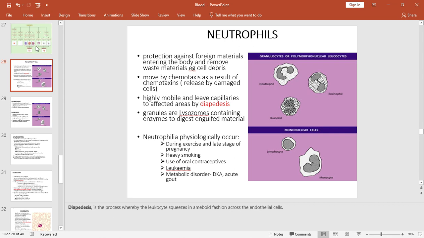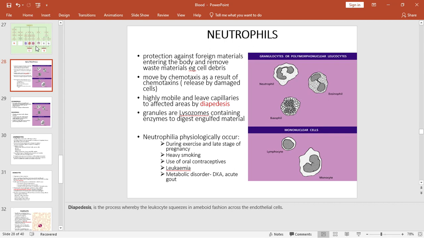As a general rule, an acute infection is usually associated with neutrophilia. However, a chronic infection will usually be associated with lymphocytosis. You do understand? Okay. So here is a list of examples of things that may cause neutrophilia.